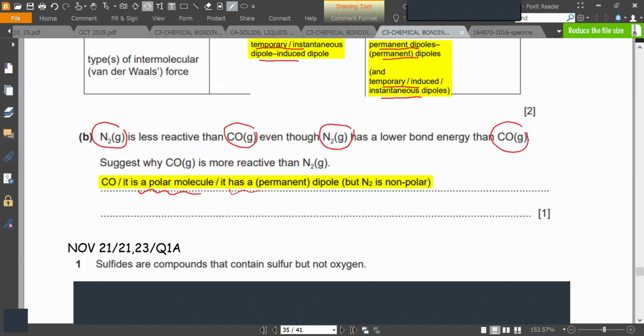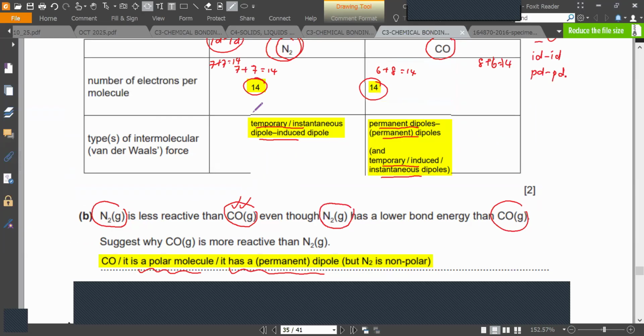It has a permanent dipole, so it's easy to interact with other molecules because it has a partial charge. It's easier to interact with other molecules. So that's why we expect CO to be more reactive than nitrogen.